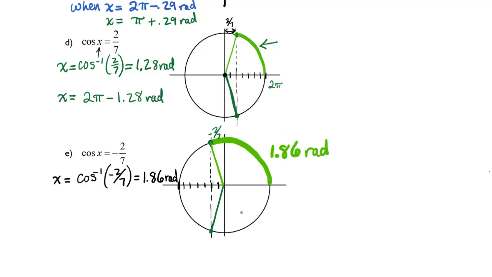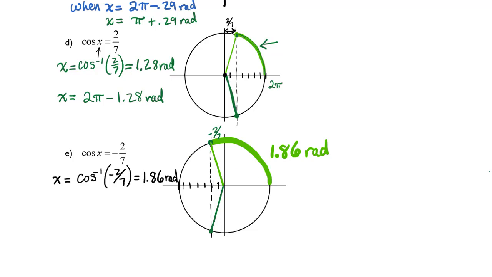And if I want to figure out the other angle, I need to figure out how far I'd have to travel all the way around, possibly, before I could subtract that 1.86 radians and get the other angle. So let's think about how that would look.